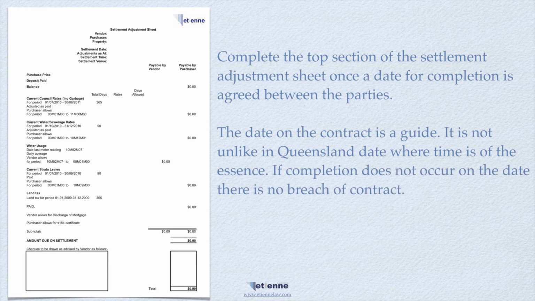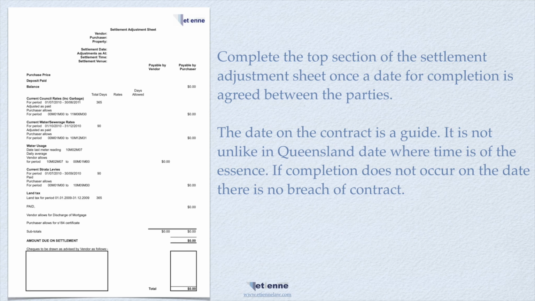The starting point is a blank settlement sheet. To calculate the adjustments for a settlement sheet, you start with the proposed settlement completion date. Until there is a completion date, the adjustments cannot be calculated. Until the adjustments are calculated, the amount you pay the vendor cannot be calculated.